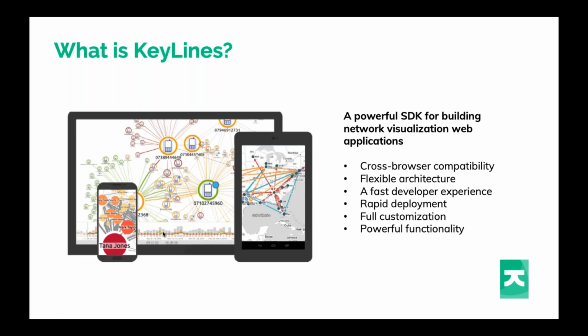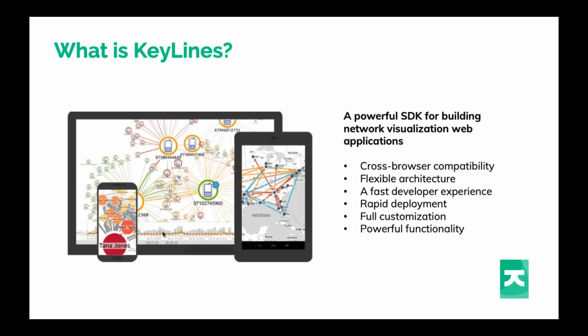So you can download KeyLines, install it in your web application architecture, and control it to get those connected data visualizations in your own products or your own analysis platform. And it's designed to work in pretty much any modern browser, any platform, touch devices, desktops, and give you fast, interactive connected data visualizations.